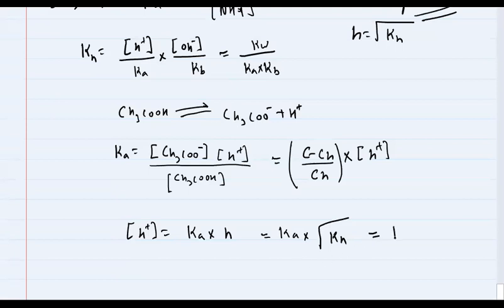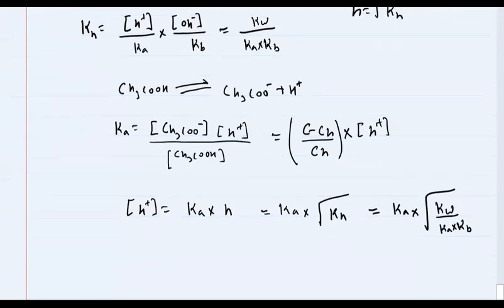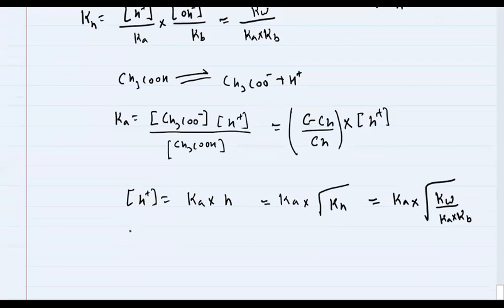So it is Ka into, now we know that root KH is equal to root KW by Ka into Kb. So if you see this, we will get concentration of H plus is equal to root Kw into Ka by Kb.